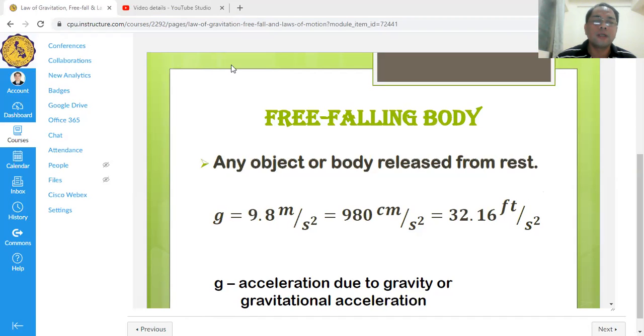There are those that write this as a value g equal to negative 9.8. So they write g as a value which is directed downward, considering that its direction is always downward.